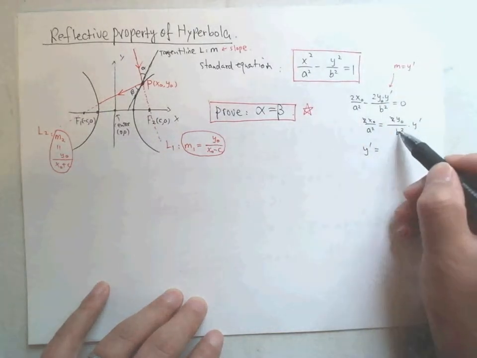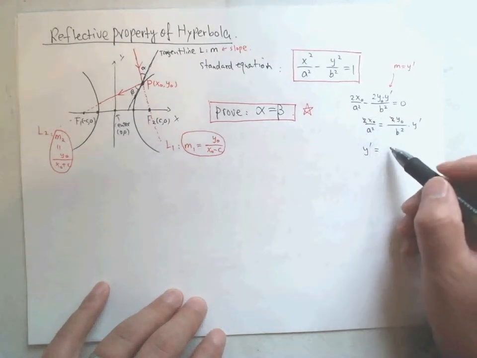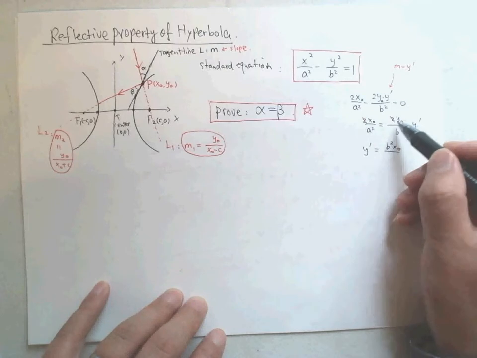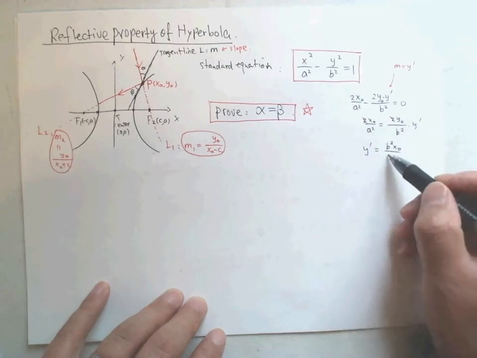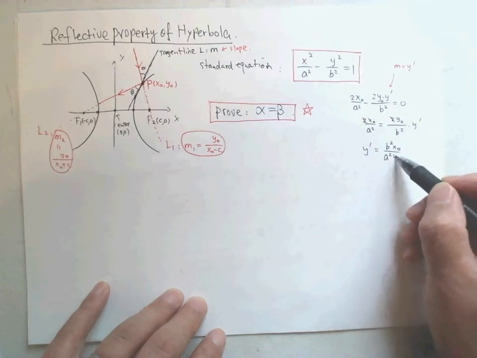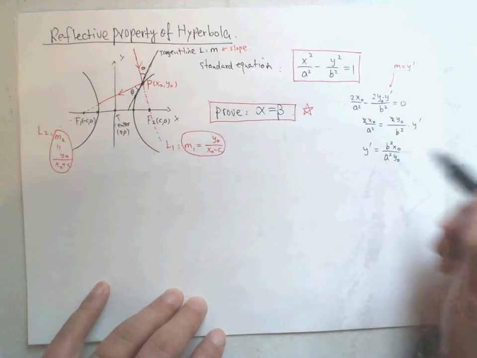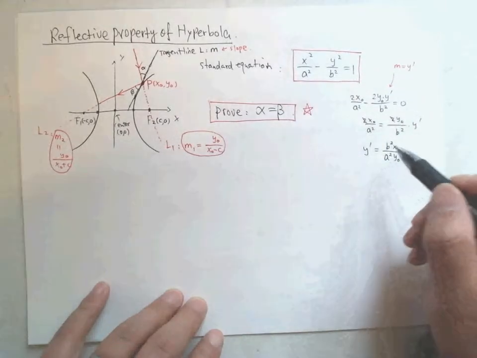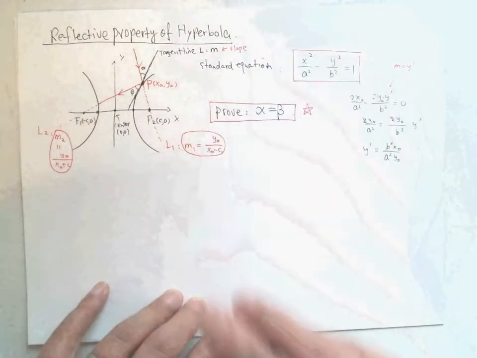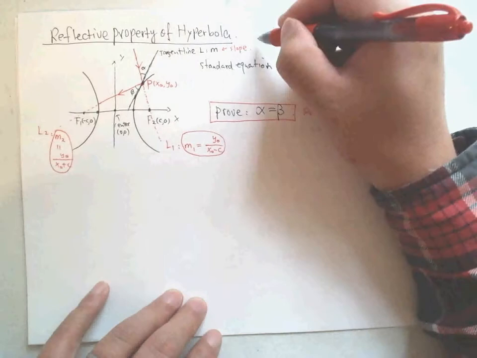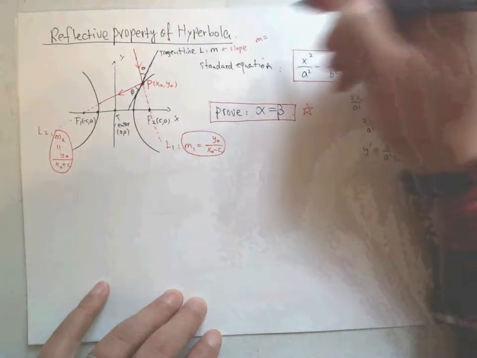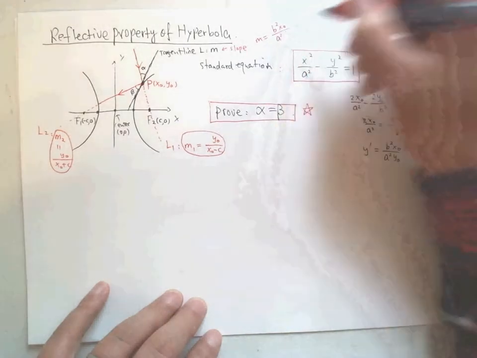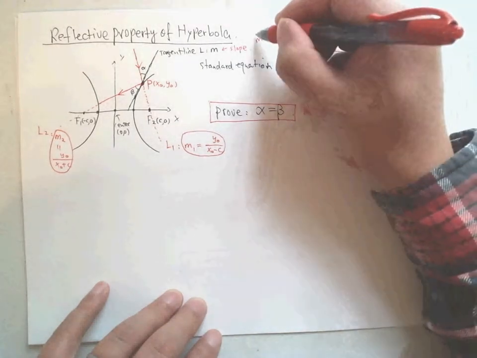What we have is b squared times x0 over a squared times y0. So this is the slope, this is m. In this way, m, the slope, is b squared x0 divided by a squared y0.